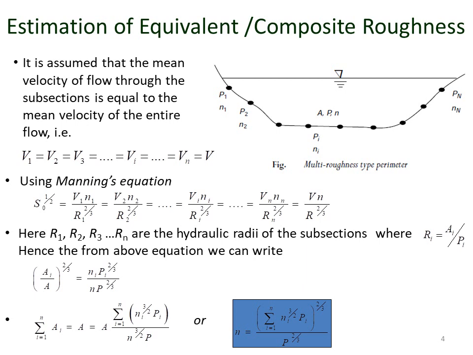Manning's equation can be invoked here, and in doing so we can apply Manning's equation for each and every section of the whole cross section of flow, and we can write that S naught to the power half is equal to V1 n1 by R1 to the power 2/3, is equal to V2 n2 by R2 to the power 2/3, and so on, which again equals V, capital V, into N by capital R to the power 2/3.